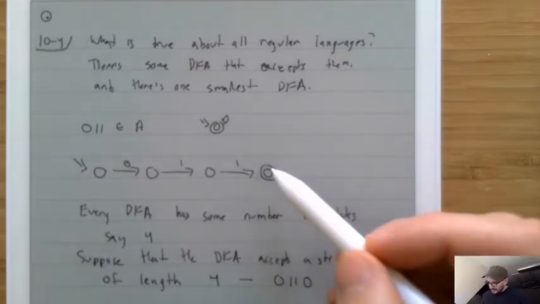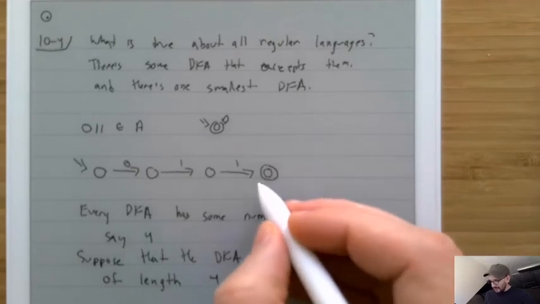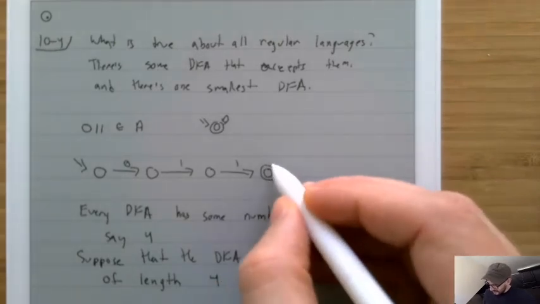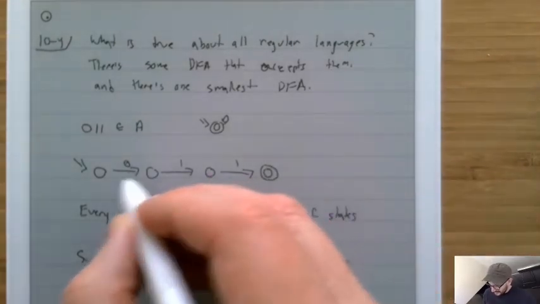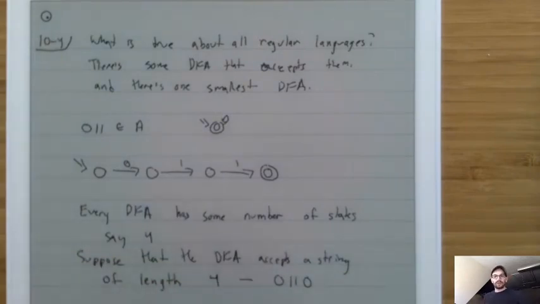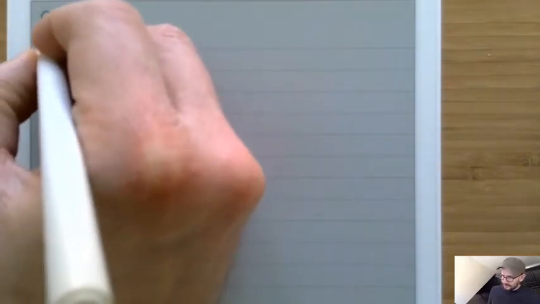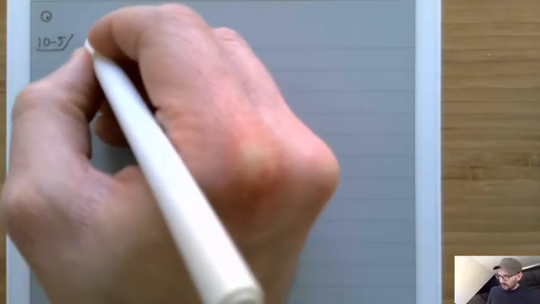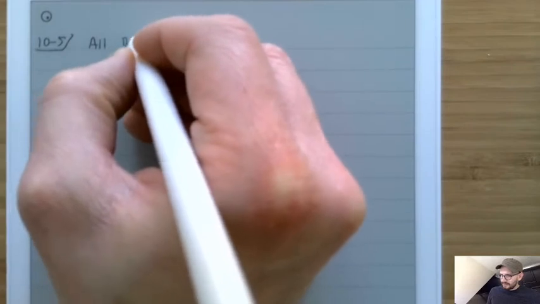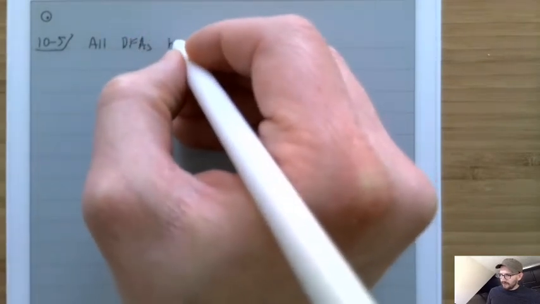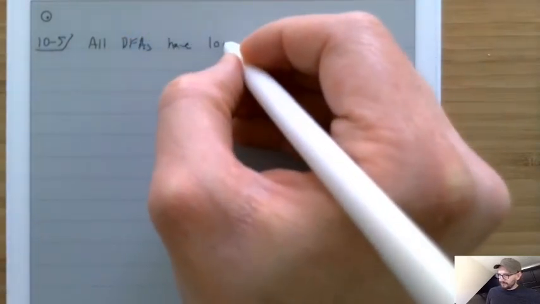So that means that this has to go to either this state, this state, this state, or that state. It has to go to one of the ones from before because otherwise there would be no place for it to go and there's only 4 states. So what this tells us is that all DFAs have loops in them.